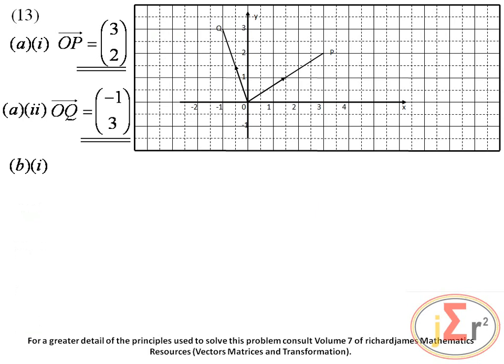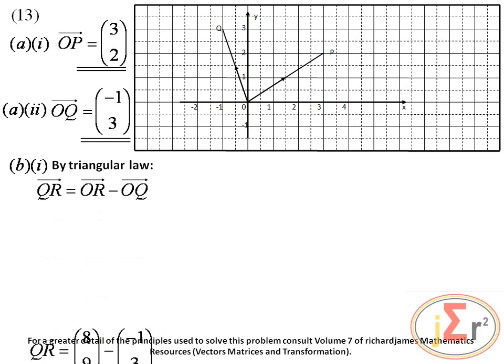R has coordinates (9, 8). So we are going to express QR as a column vector. By the triangular law, QR is equal to OR minus OQ. And do not forget that R has coordinates (9, 8).